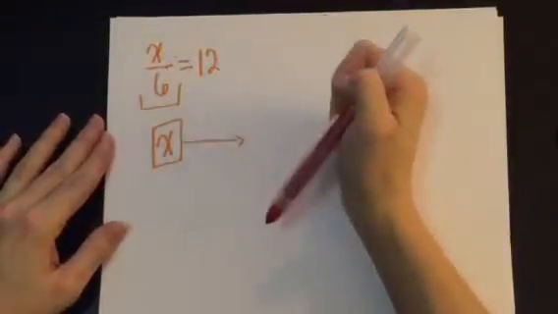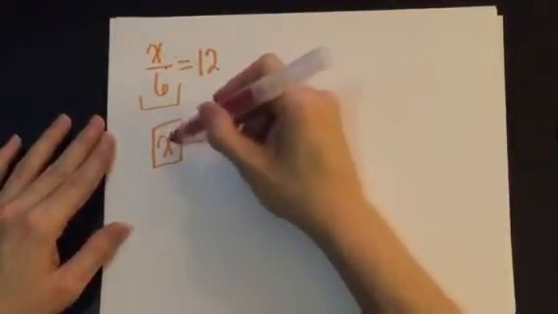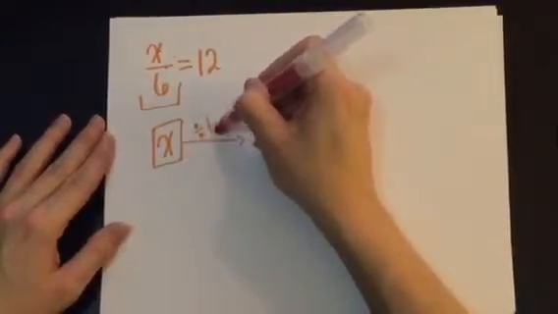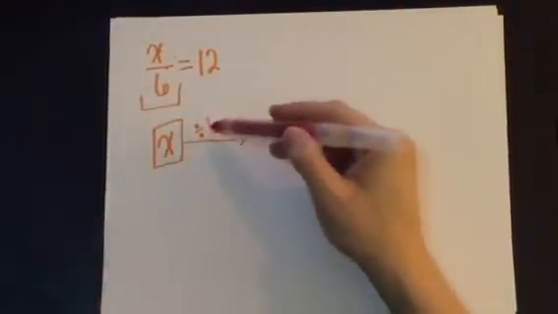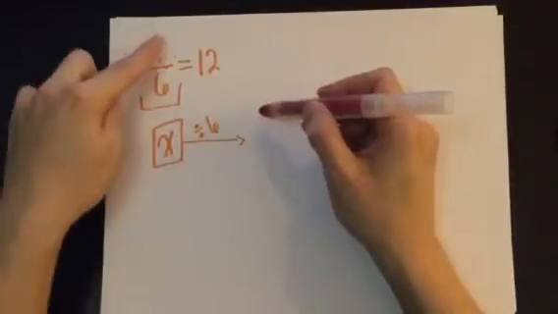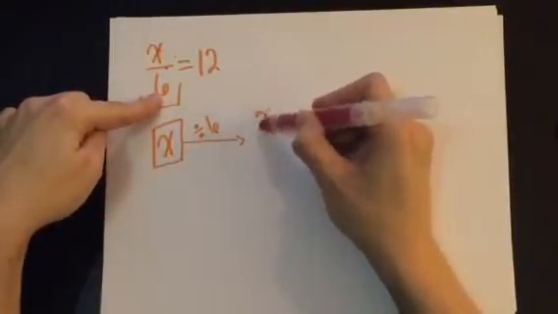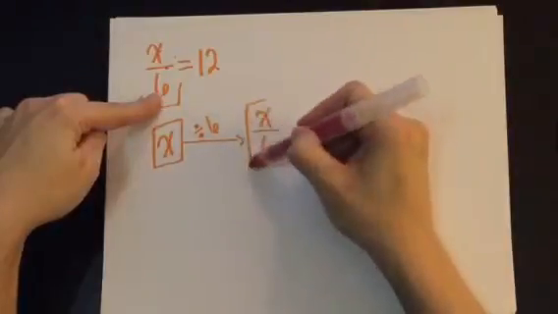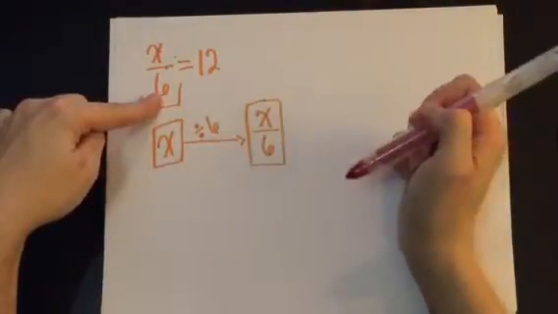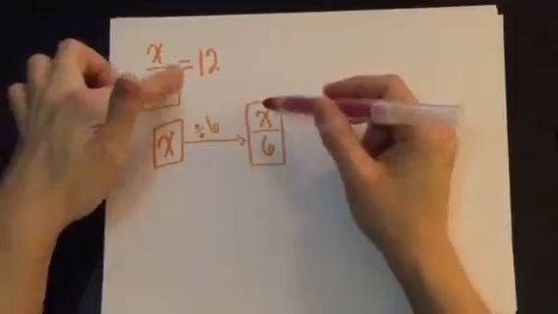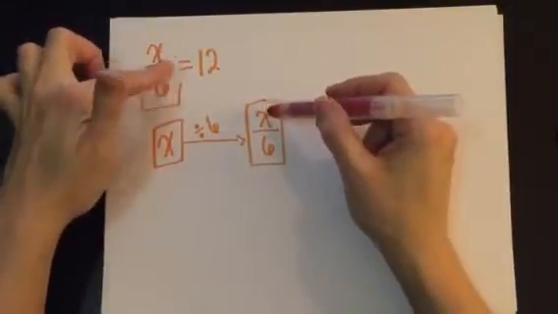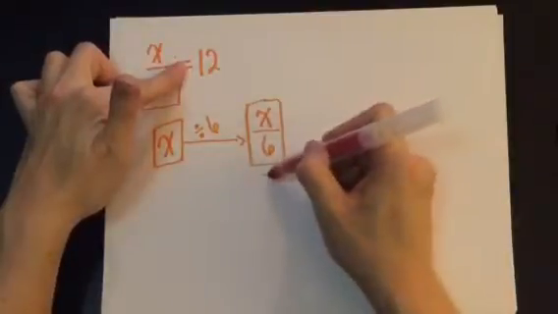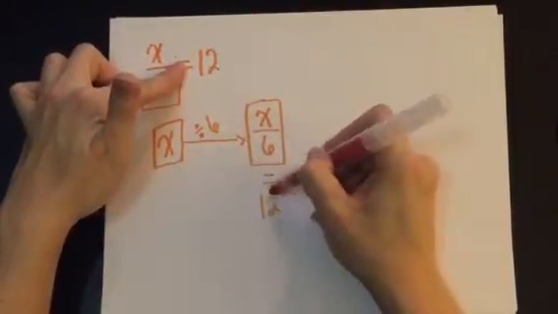In this case, we're being divided by 6. So to flow from this box to the next, we divide by 6, and x divided by 6 gets us x divided by 6. Now there's nothing else happening here, no addition or subtraction, so we're done building this side of the equation, and we can bring in our equals 12.